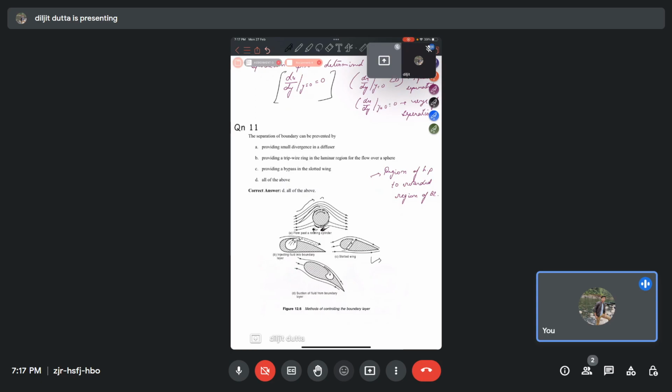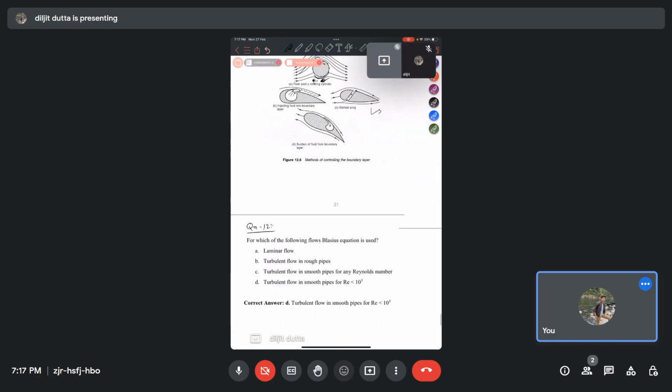And the other option is that we can also inject fluid into the boundary layer. We can make a small divergence and inject fluid into the boundary layer. So all these three methods are used for preventing boundary layer separation.